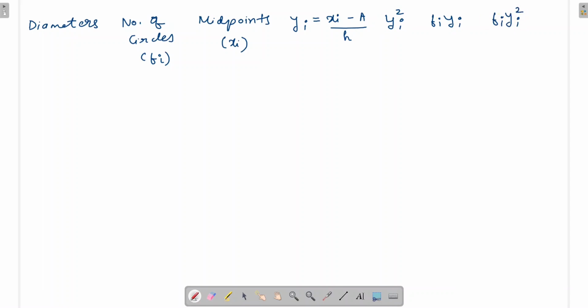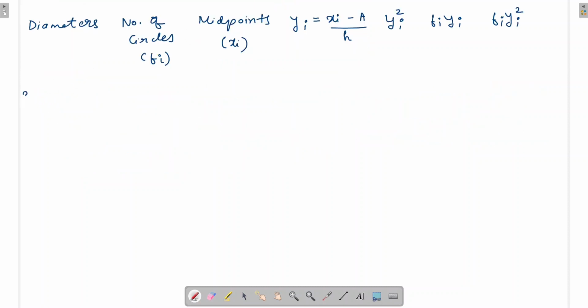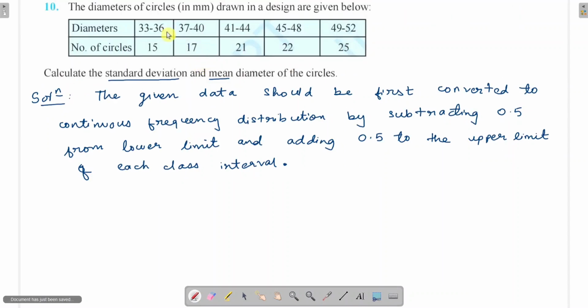Okay, so let us write down the diameters as continuous frequency distribution. So we have to subtract 0.5 from 33, so that will be 32.5, and we have to add 0.5 to the upper limit, so that will be 36.5, right?